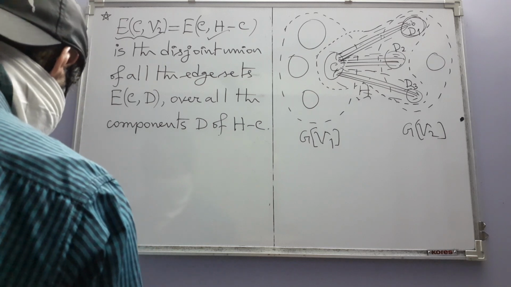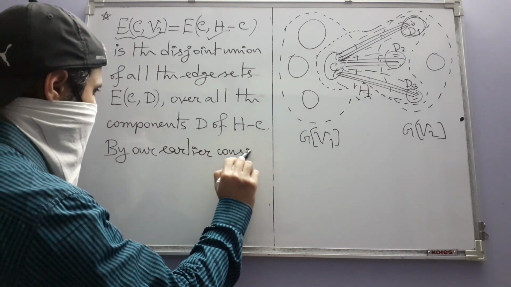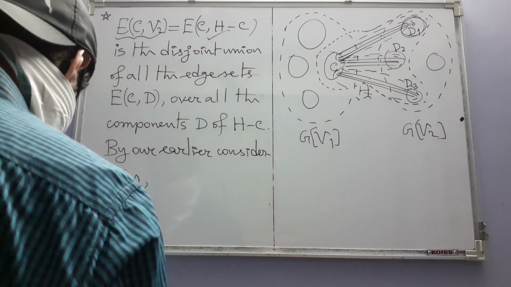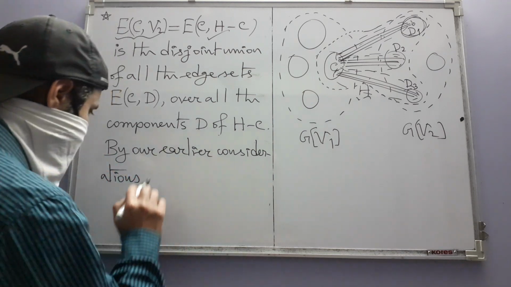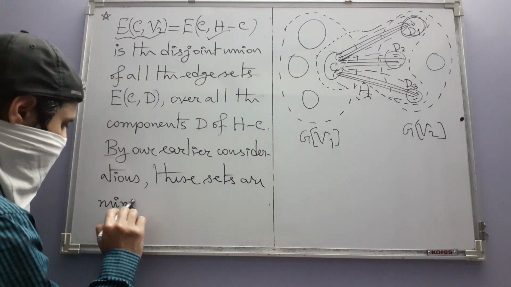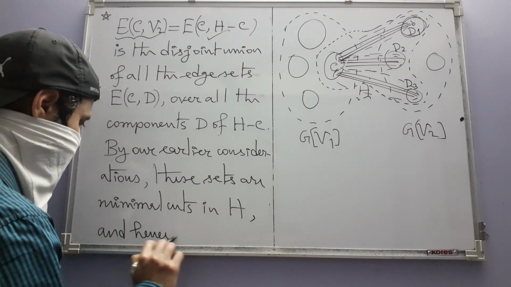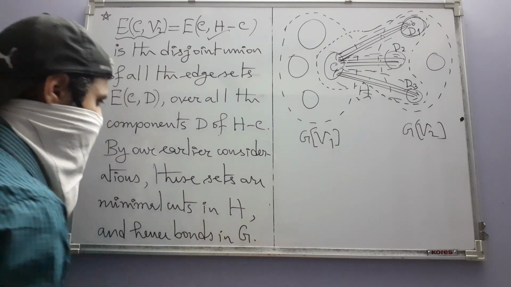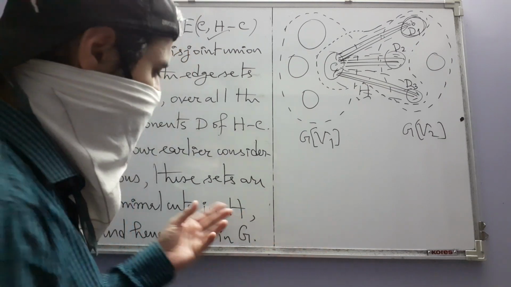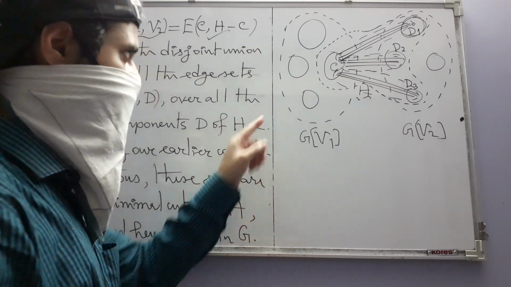So next the author writes, by our earlier considerations, these sets are minimal cuts or bonds in H, and hence bonds in G. Keep in mind our original G may be disconnected, but according to what we have seen about bonds, if G is disconnected, then the bonds are just the minimal cuts in the components, and H is one such component in which these are the minimal cuts.